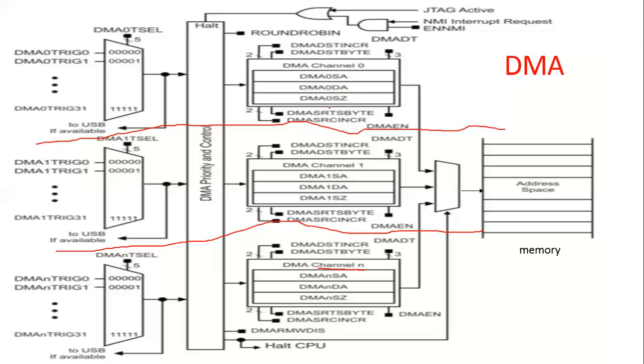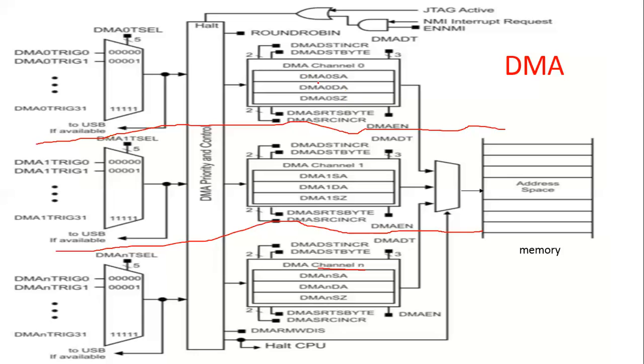So let us take channel 0. In DMA, channel 0 consists of three registers. Already I have discussed what the three registers are: a source register, a destination register, and the size of the data.